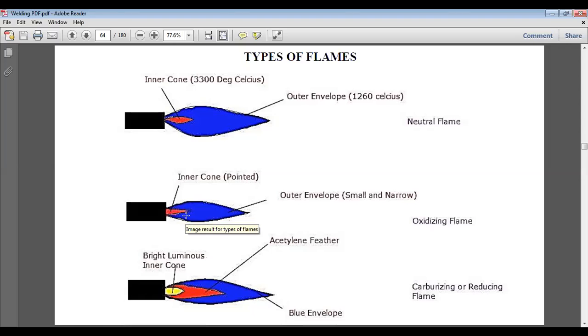For normal melting temperature metals, we use the neutral flame, and for lower melting point metals, the softer metals or metals of lesser thickness, we use the carburizing flame. So these were the types of flames.